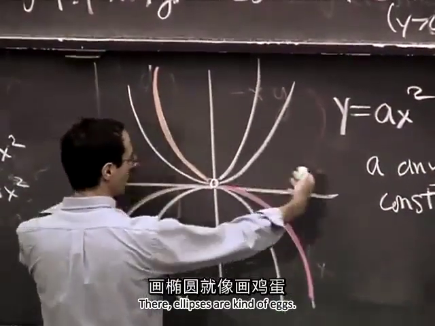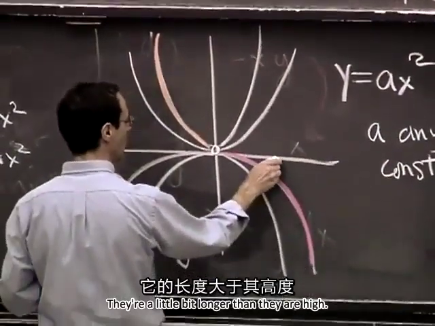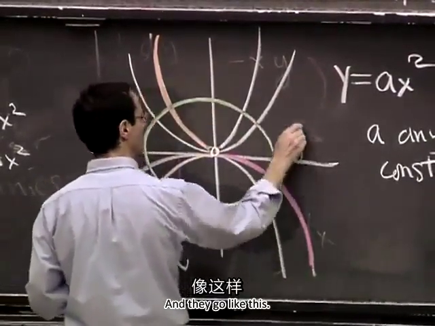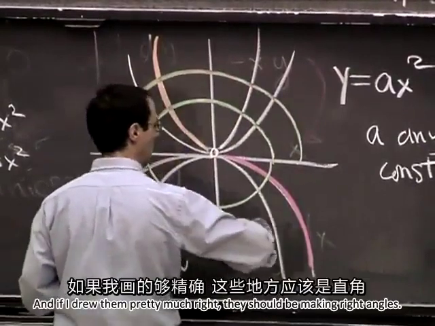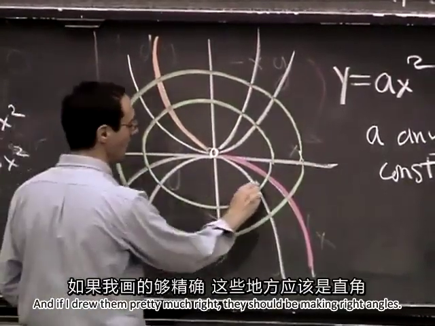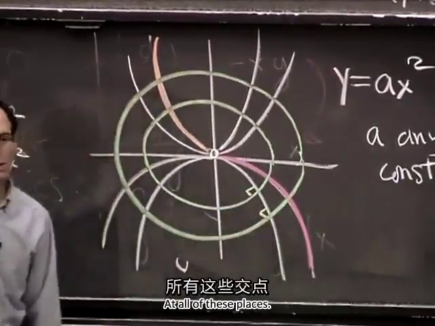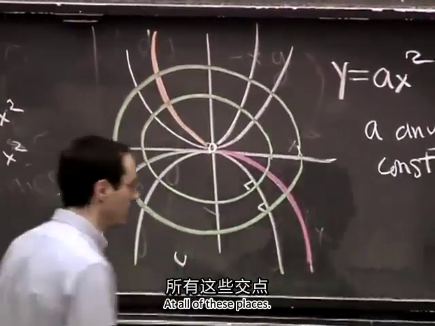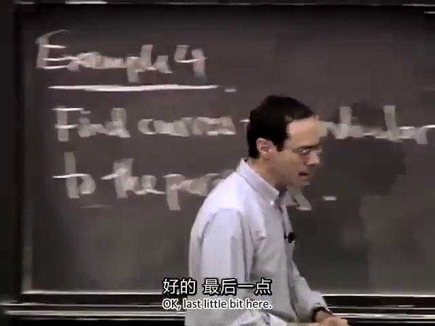The ellipses are kind of eggs. They're a little bit longer than they are high, and they go like this. And if I drew them pretty much right, they should be making right angles at all these places.